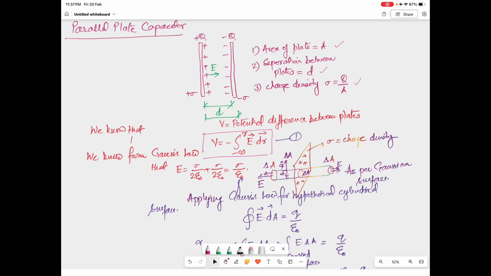So by using Gauss's law, there is a separate video on Gauss's law, you can refer to that. Here I have taken a plate through which a Gaussian cylindrical surface is made.